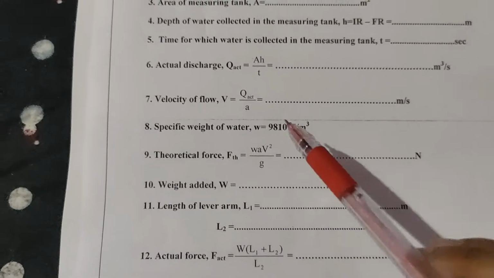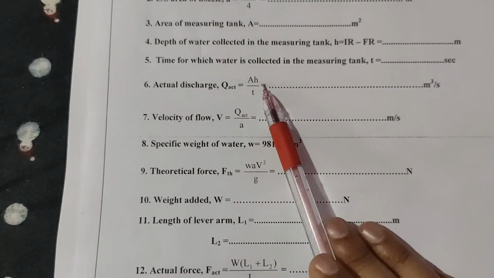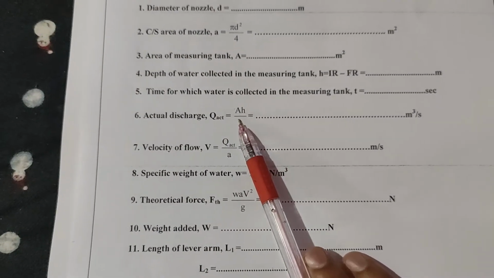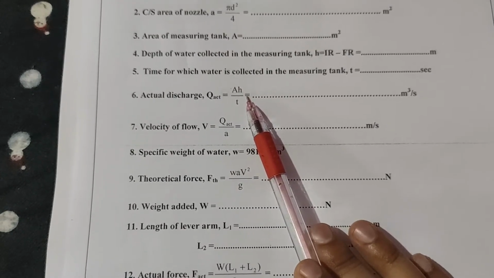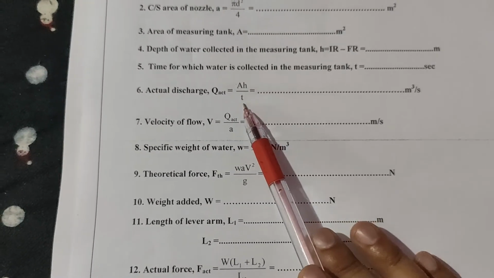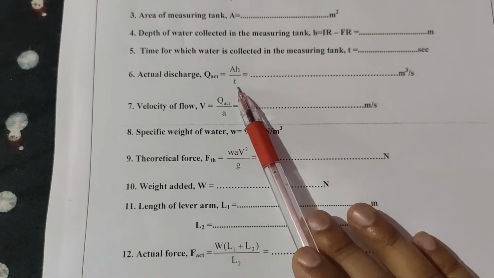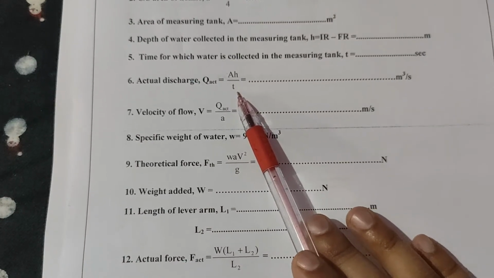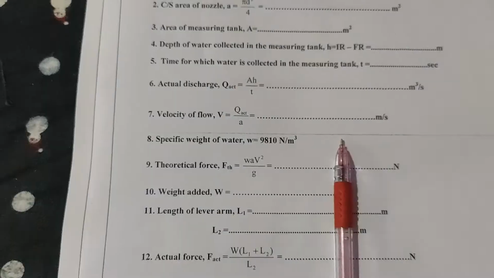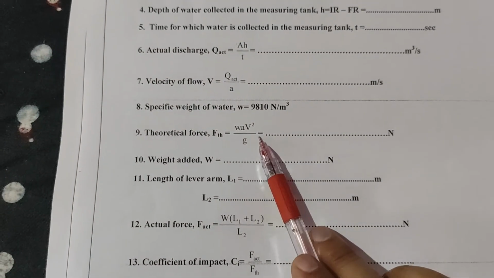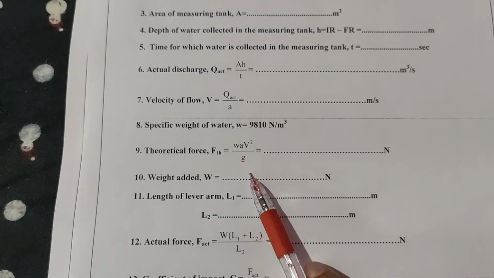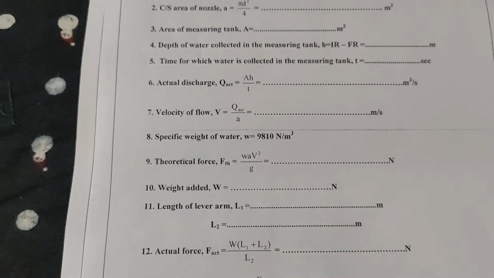Q actual is determined by the equation A H divided by T, where A is area of the measuring tank, H is height of water for which we have collected the water in the piezometer, divided by time taken to collect that water. Then determine theoretical force by using the equation omega A V square divided by g for flat vane.